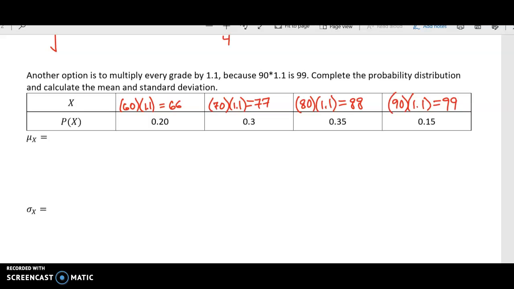So we'll figure out the mean again. Notice this is 75, our original mean, times 1.1.